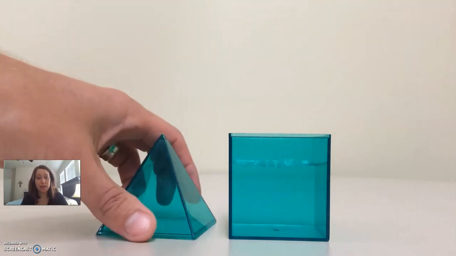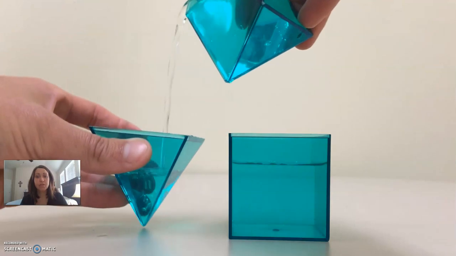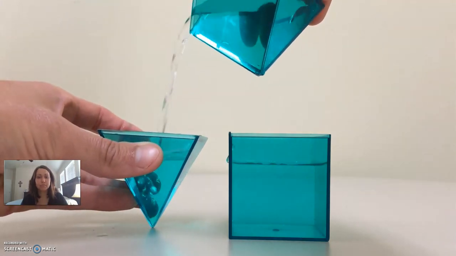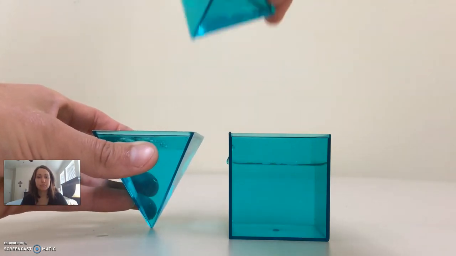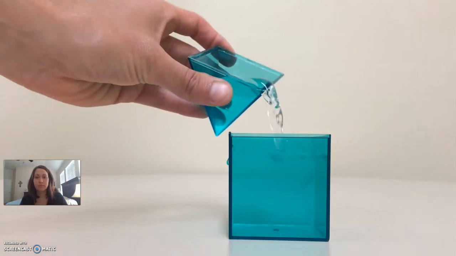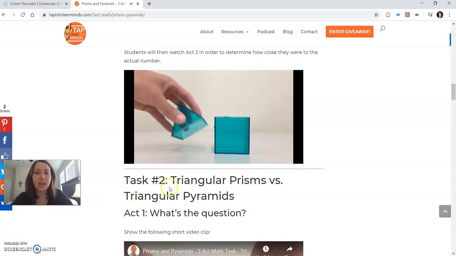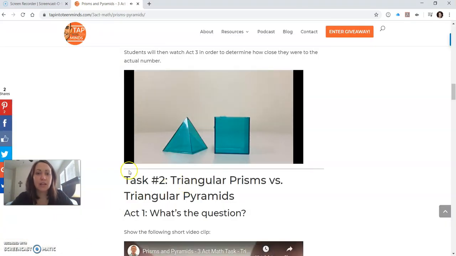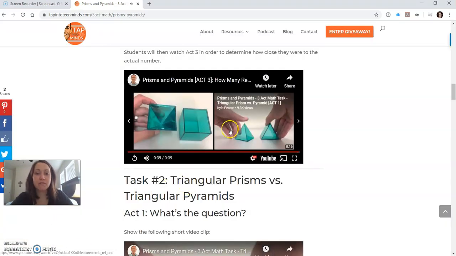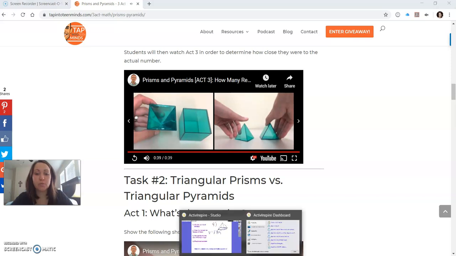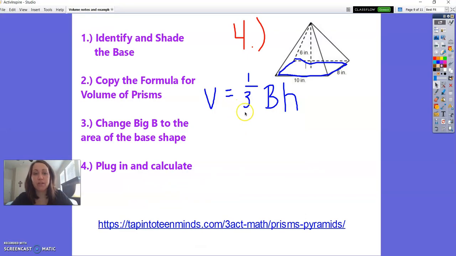So now we've done it twice. So he's gonna do it a third time. So this third time, now that cube is filled. And so that's how we see that 3 of these pyramids fill one of the cubes, which is why we have this 1/3 going on.